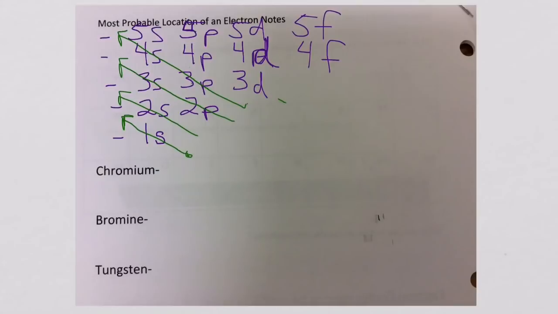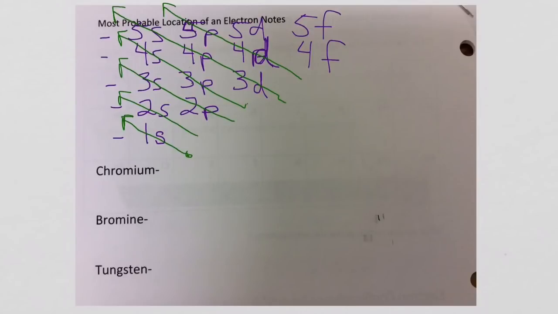Now how many does the d hold? 5, 2 in each. That's a total of 10. So that's 3d, 10, 4p, 6, 5s, 2. Then come back here. 4d, 10, 5p, 6.